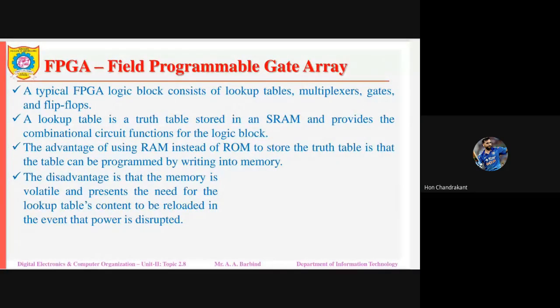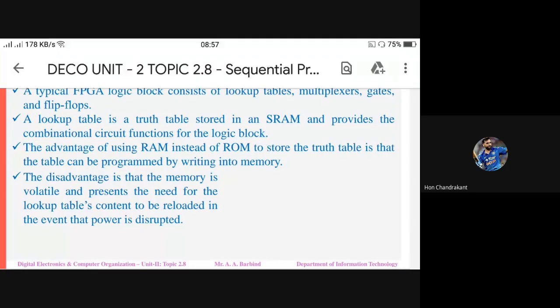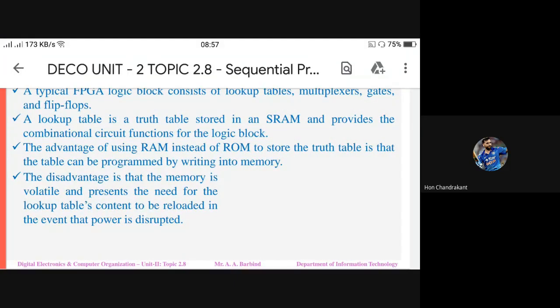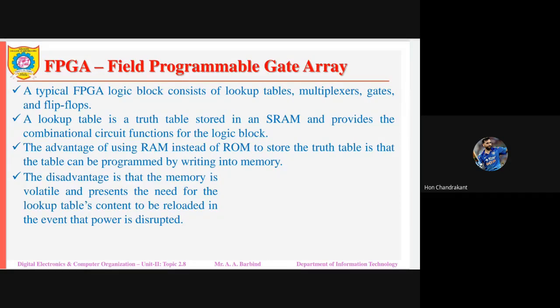Continuing the features of FPGA, a typical FPGA logic block consists of lookup tables, multiplexers, gates, and flip-flops. A lookup table is a truth table stored in an SRAM, that is static RAM, and provides the combinational circuit functions for the logic block.